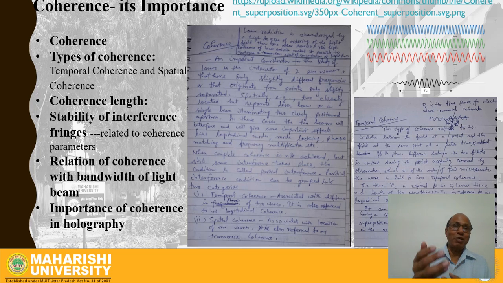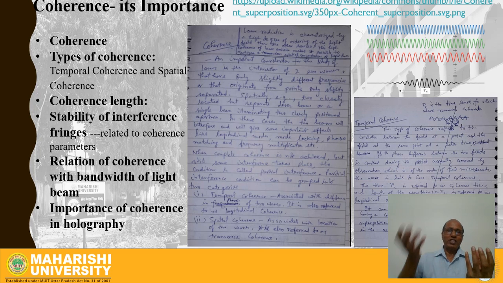Or sometimes this terminology is used to depict the characteristics of a person who is incoherent. Let's say a person speaks something at one moment, and on the same topic he speaks something different at the other moment. Then this person is incoherent in his views. Now I hope you get the difference between coherence and incoherence.